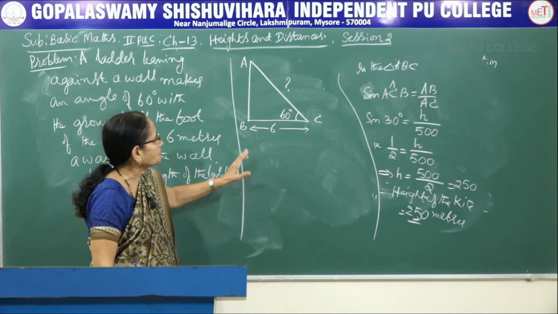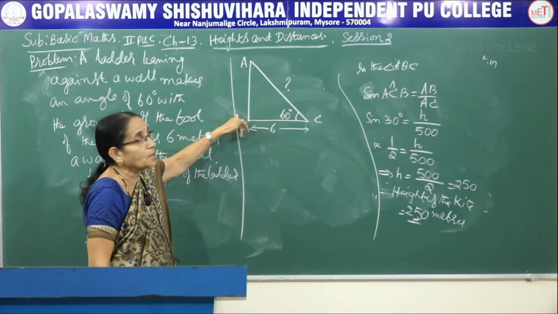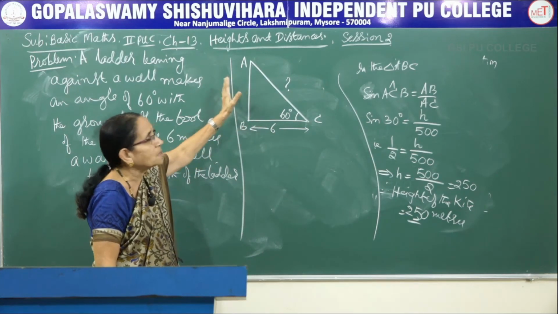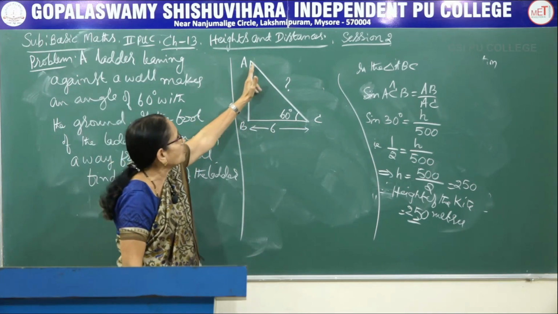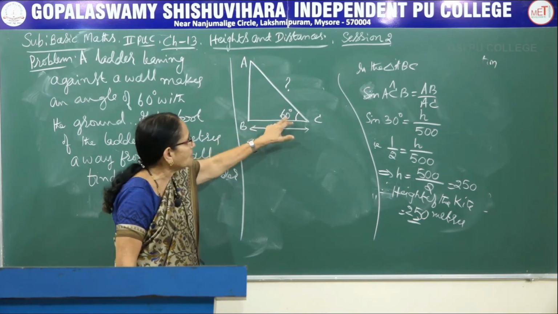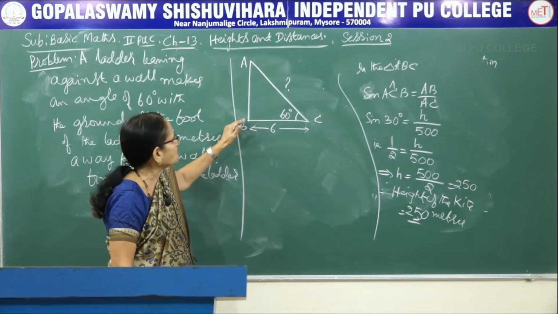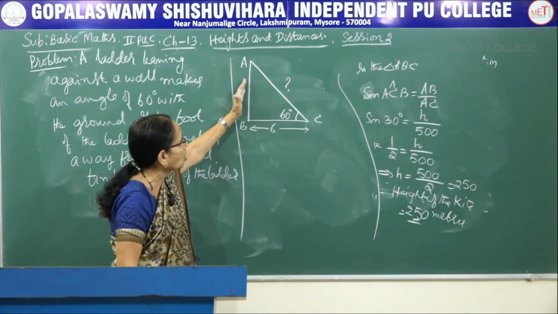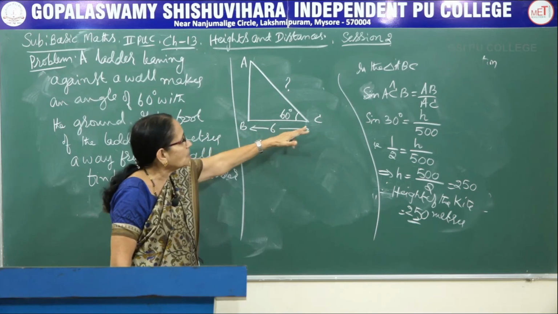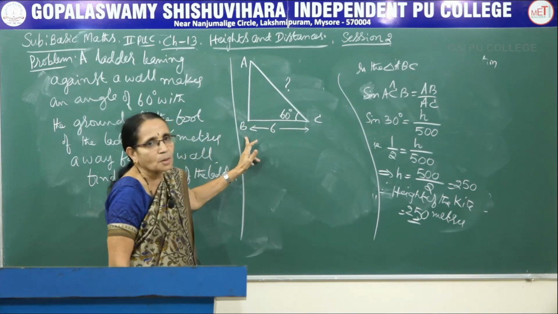Here, we are not interested in the height of the wall. A ladder is leaning against a wall. This is the top end and this is the bottom end. The ladder makes an angle of 60 degrees with the ground. This is the wall and this is the ground. The bottom end of the ladder is 6 meters away from the wall.